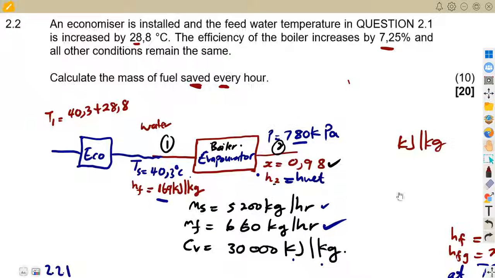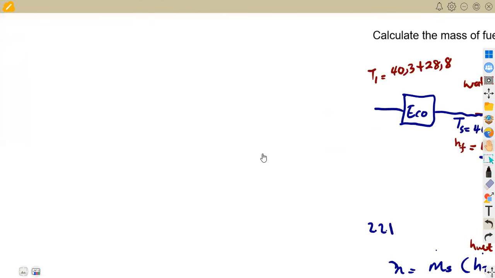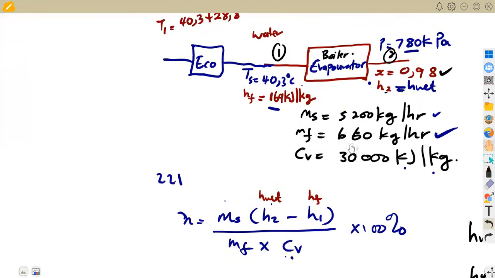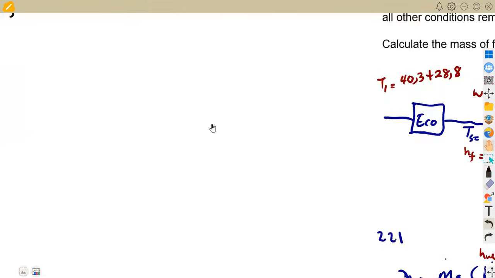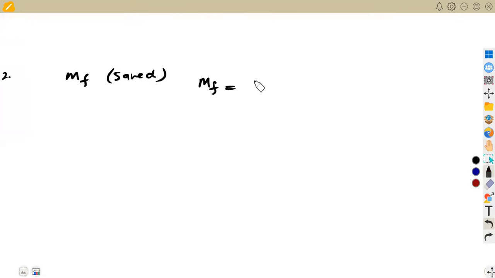Since we want the mass of fuel saved, remember that is our question, we are going to consider what was the original mass of fuel. The original mass of fuel at these conditions is given as 660 kilogram per hour. This is the mass of fuel that we are given.